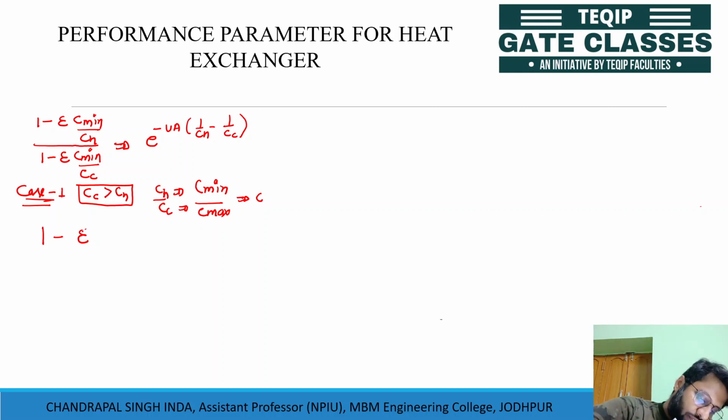So we will have 1 minus effectiveness divided by 1 minus effectiveness and C minimum by Cc is C max.